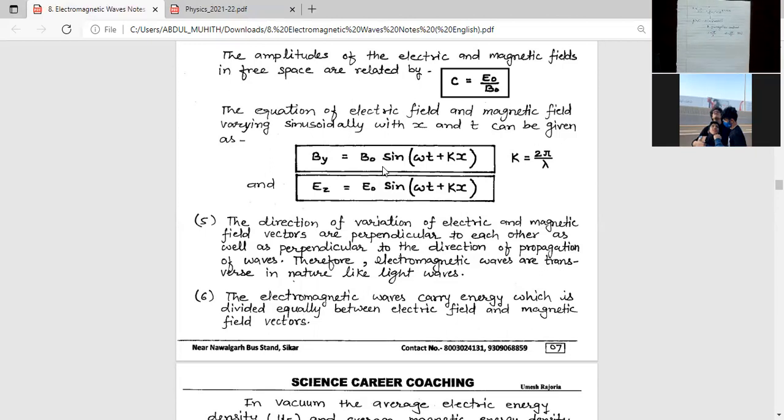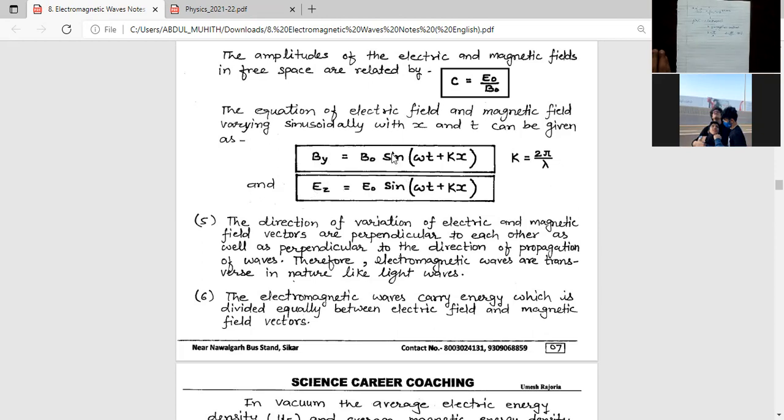Understood? So we have k equal to 2 pi by lambda and omega equal to 2 pi by T or 2 pi nu. Using this same equation, we write By. That is because the magnetic field is lying along the y-axis, and the electric field is lying along the z-axis.